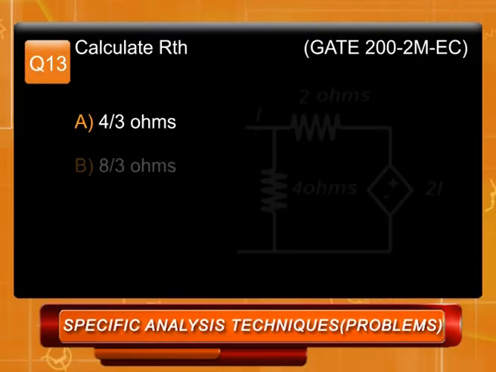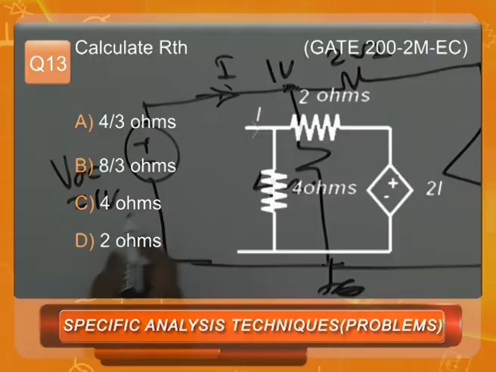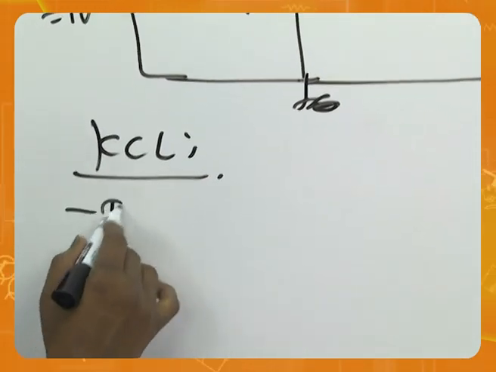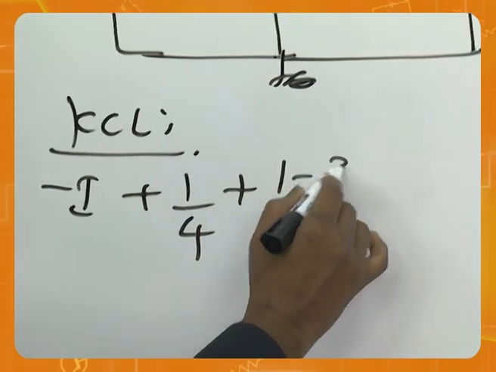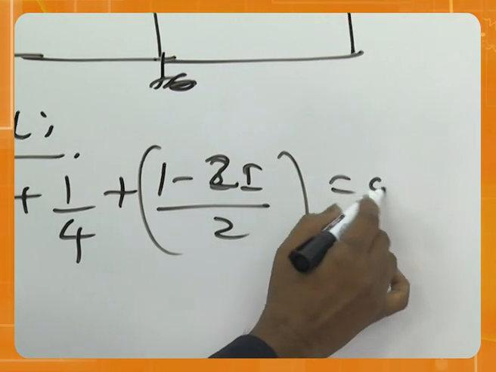Calculate R Thevenin's. Get 2000, 2 marks. See, it is given for 2 marks because a dependent source is there, no independent source. Solution, come on. Say KCL we apply: minus I plus 1 by 4, 1 minus 2I by 2 is equal to 0.